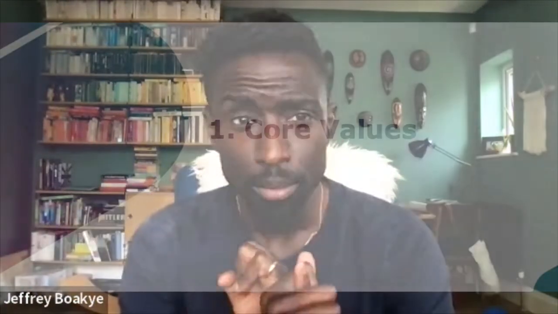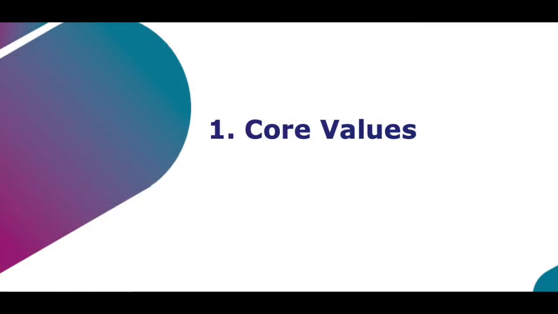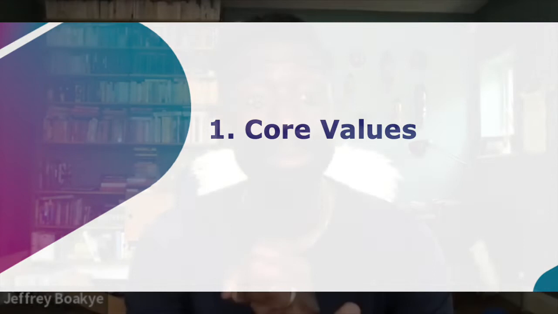Number 1, core values. The curriculum is something which has been designed to either iterate, reiterate, or propagate certain core values. Within English as a subject, you're usually talking about values that could be linked to narratives or experiences.